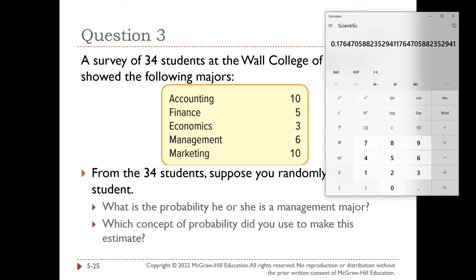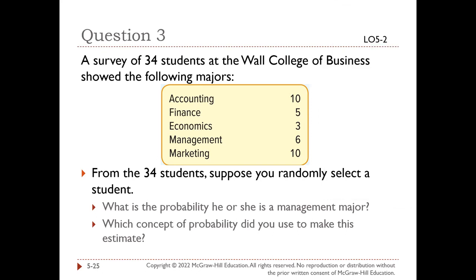We're just going to round to 3 decimal places. So about 0.176. So about 17.6% chance that you're going to find a management major. Probability that he or she is one.